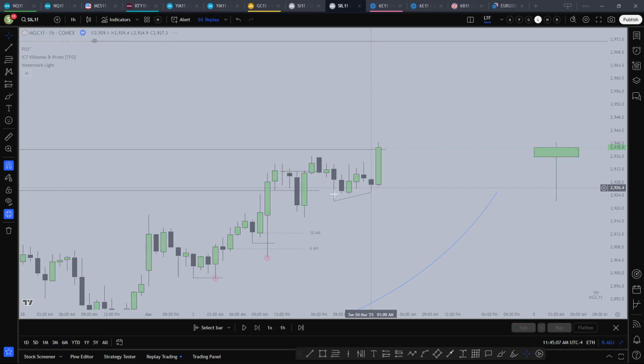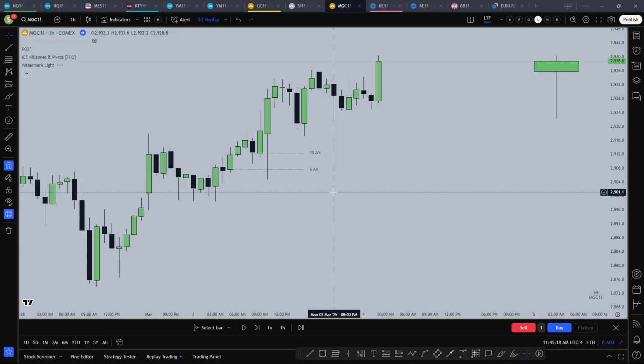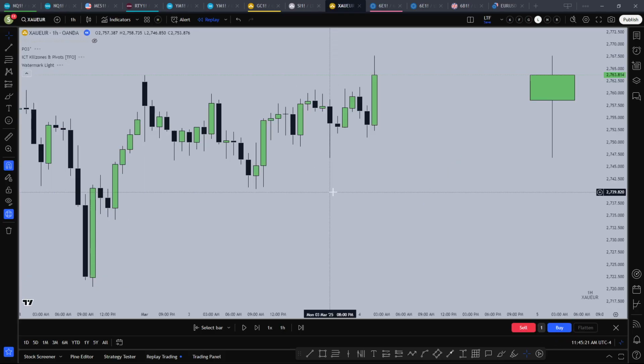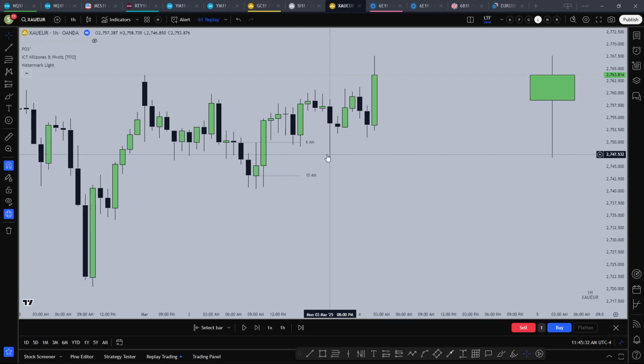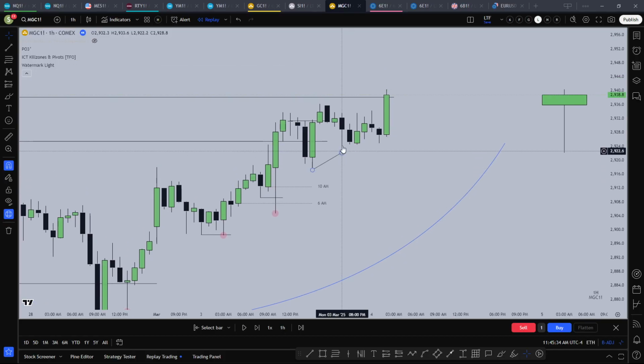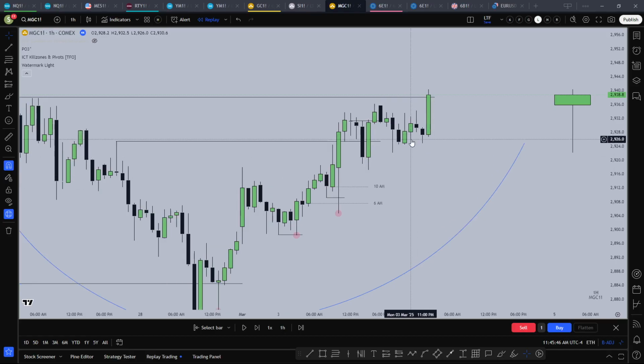Silver. This is an SMT. This is an SMT. So expectation of expansion from here, even if the price didn't move quite well, but that's just the session. Yes, okay with that.